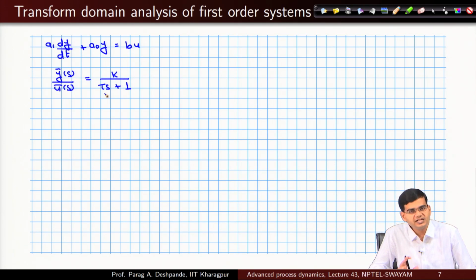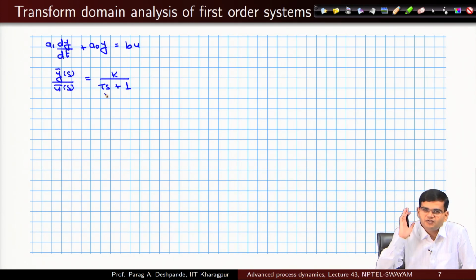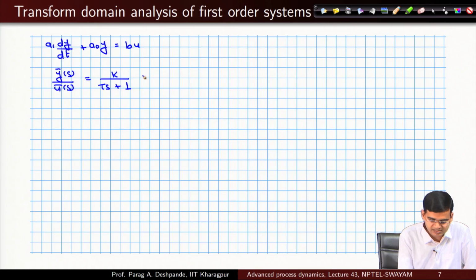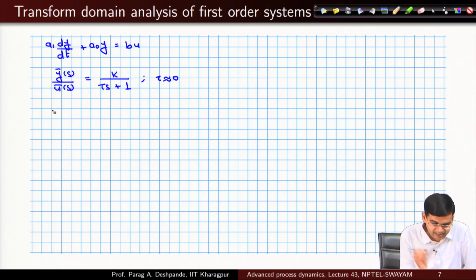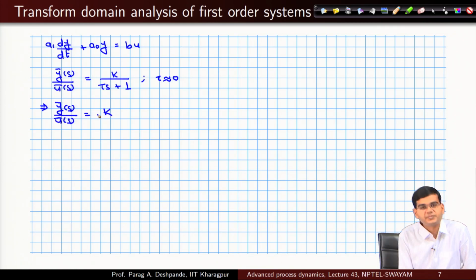Now, imagine that you have a system where you have some gain for your system and you have negligible time constant, which means tau tends to 0, very small time constant. So, for that case what will happen? Y bar of s by u bar of s will be equal to simply k, right, which means what?